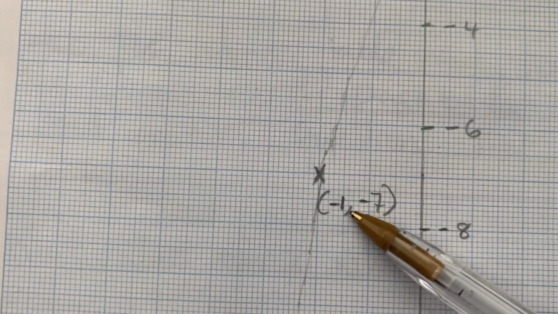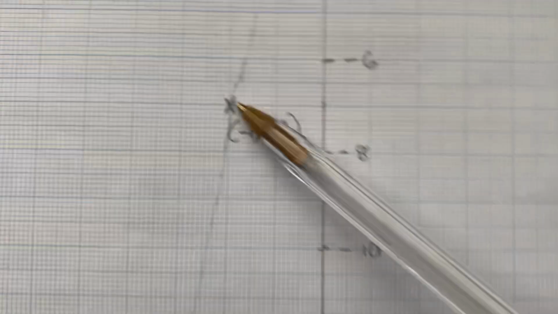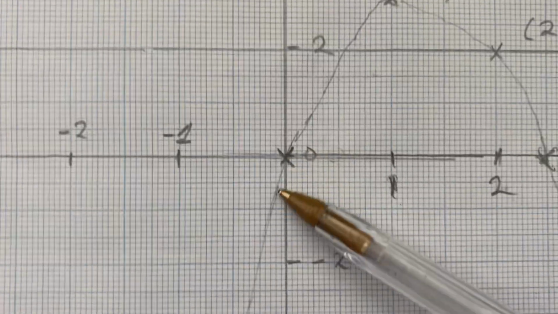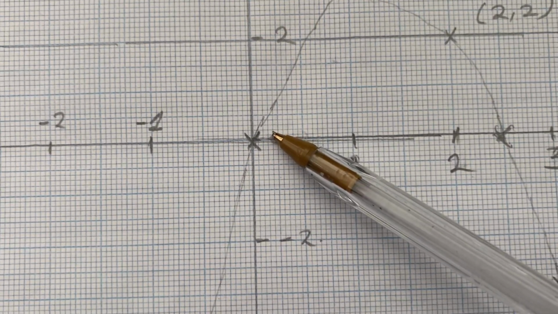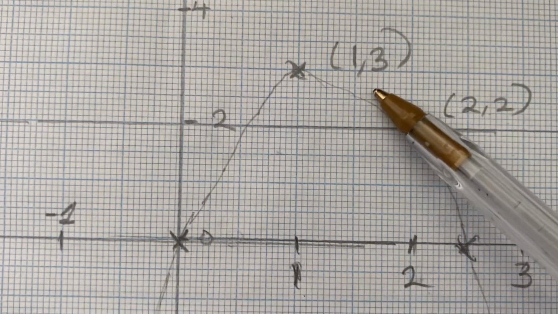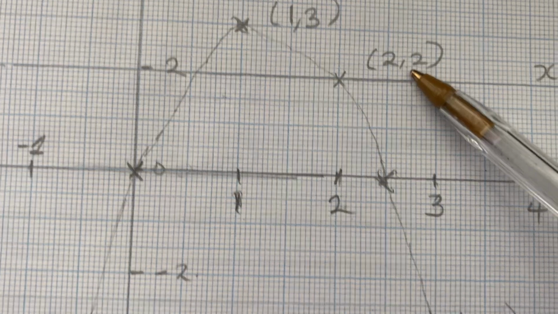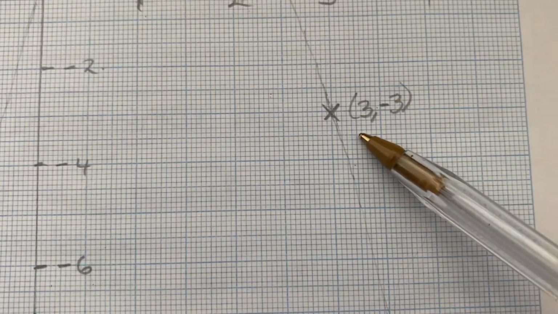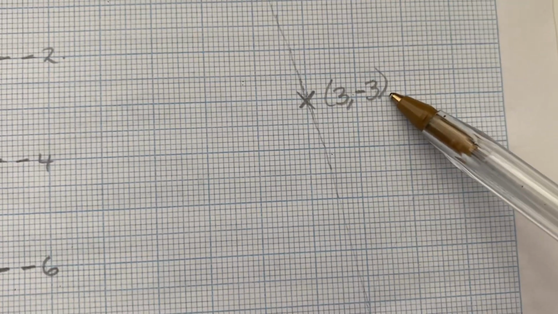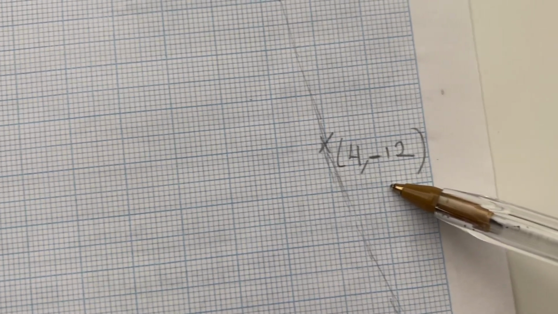When x is -1, y is -7. When x is 0, y is 0. When x is 1, y is 3. When x is 2, y is 2. When x is 3, y is -3. And when x is 4, y is -12.